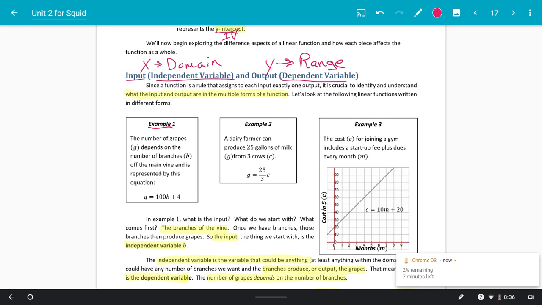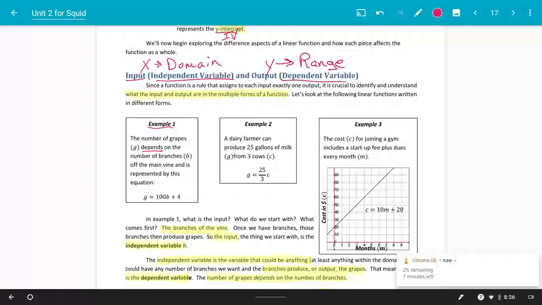For example, 1 here. The number of grapes depends on the number of branches of a main vine represented by this equation. Without looking at the equation, what's the input or the independent variable? Well, G depends on what?